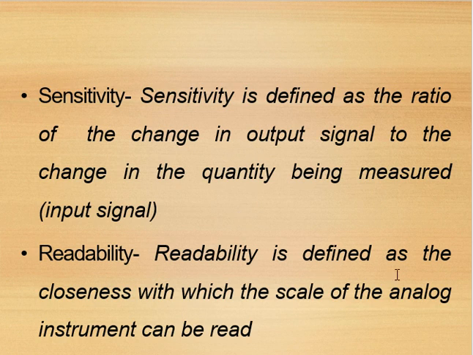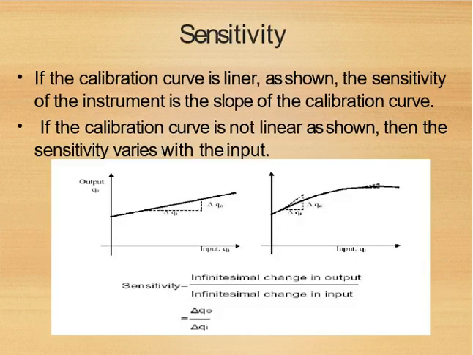Readability is defined as the closeness with which the scale of an analog instrument can be read. We will see afterwards what readability means with the help of a diagram. Let's concentrate on sensitivity first.